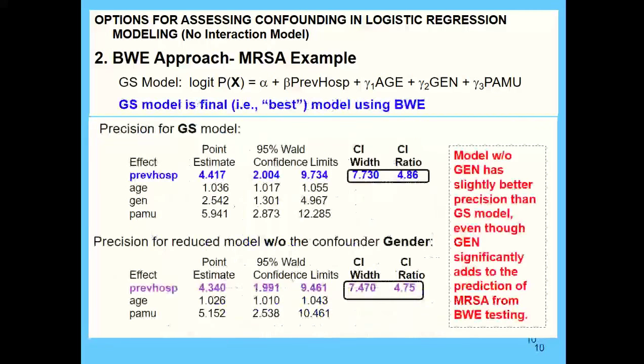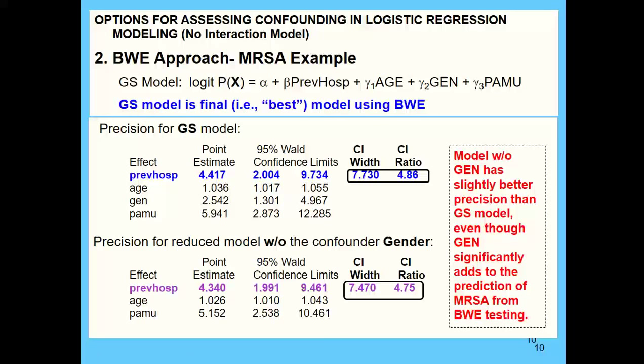But look at this: if I don't look at the Wald test or the likelihood ratio test, and instead look at the confidence interval around the odds ratio for the effect of exposure, which is the previous hospitalization variable, I'm not looking at the test statistics for the three variables I'm evaluating. Look at these two confidence intervals. You've already seen these when we were doing the all possible subsets.